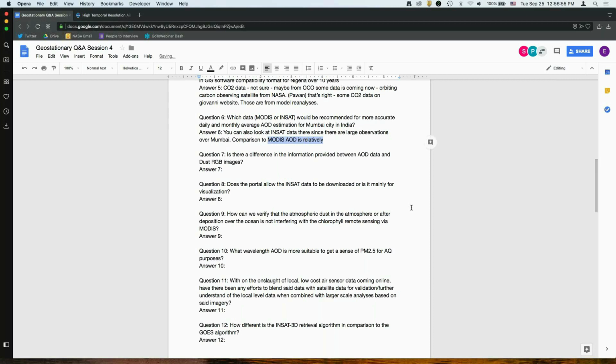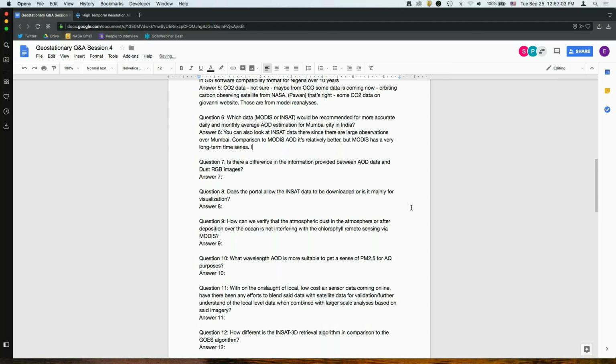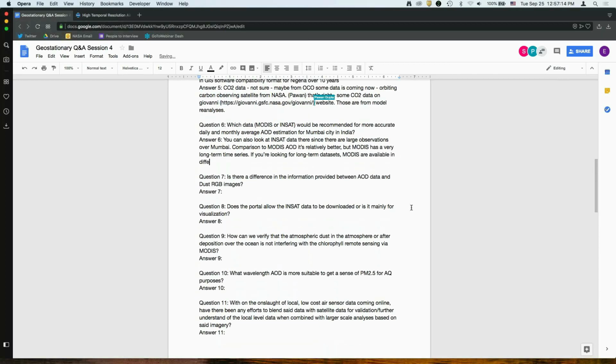However, MODIS has a very long-term time series, starting from, I think, 99 onwards. So if you are looking for long-term trends, you can also look into the MODIS data sets, which are available through various websites. But if you are interested in more recent observations, you can look into the INSAT 3D observations as well.